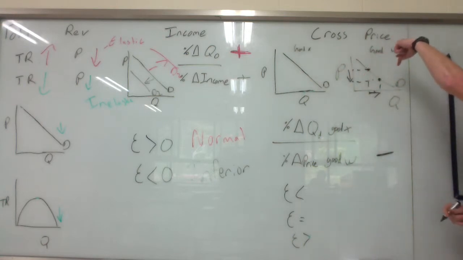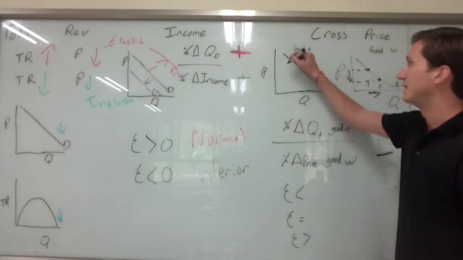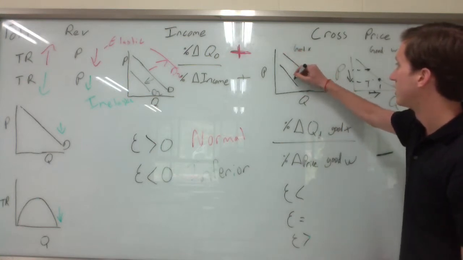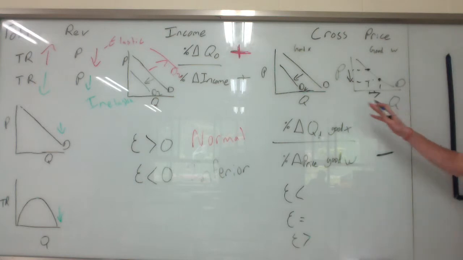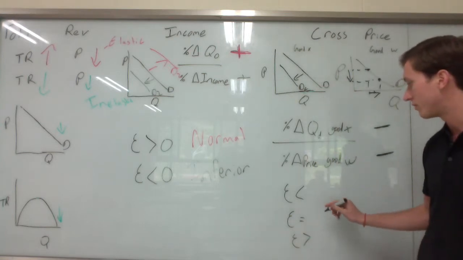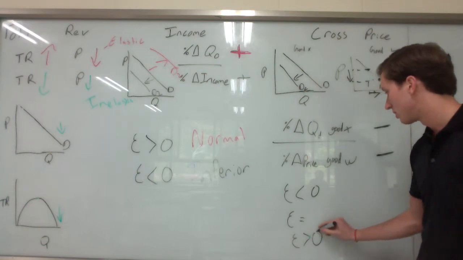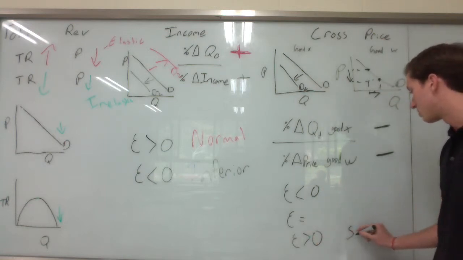The price of Coca-Cola has decreased, people are buying more Coca-Cola, so people will now buy less Pepsi. It shifted to the left. So this is also going to be a negative number. Negative divided by negative is going to equal a positive. So if the elasticity coefficient is a positive number, it'll be a substitute good.